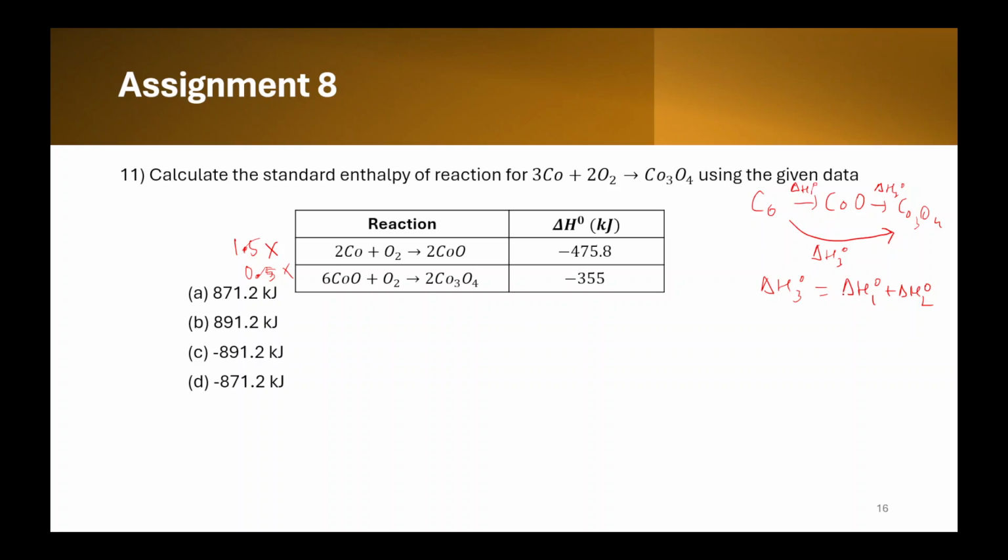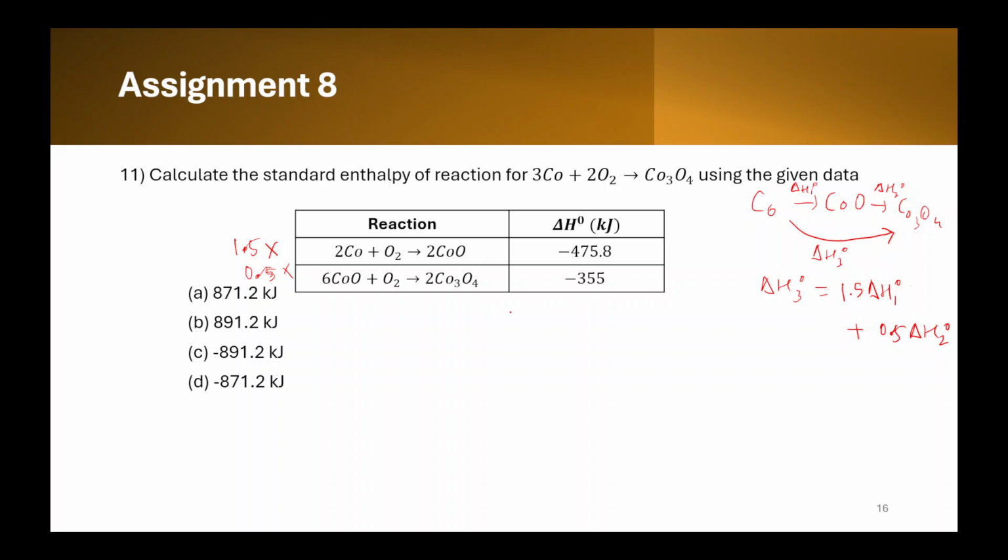So we can write this as, sorry, 1.5 delta H1 naught plus 0.5 delta H2 naught. Okay, so this will be the resultant heat of reaction from this algebraic manipulation.